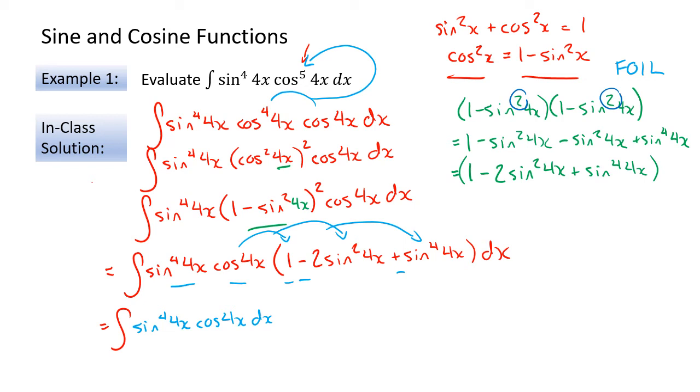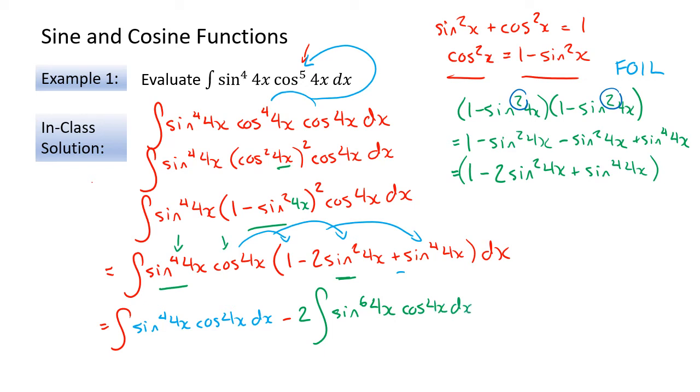The second one, I'll do them each in different colors, minus. For the second term, we have sine to the exponent 4 of 4x times cosine of 4x, and that's multiplied by this negative 2 sine squared of 4x. So what we have here is minus that constant, 2, times the integral of sine to the exponent 4 and sine squared. Multiplying those together gives us sine to the exponent 6 of 4x, and then our cosine 4x dx.